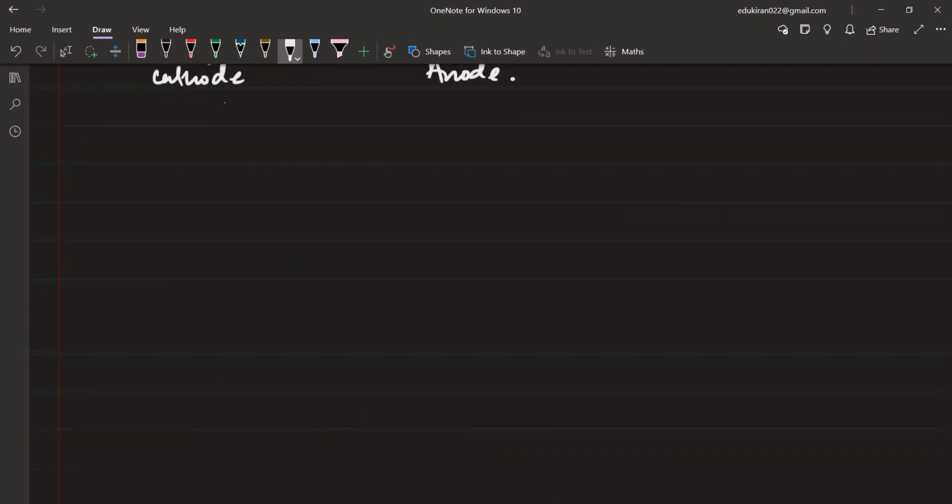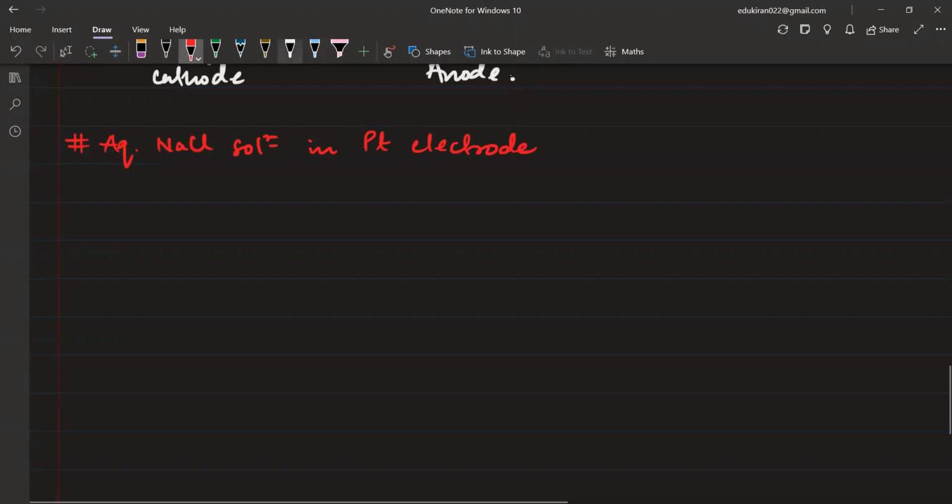Aqueous NaCl solution with Pt electrode. Now we have NaCl aqueous, so we have two different electrolytes.